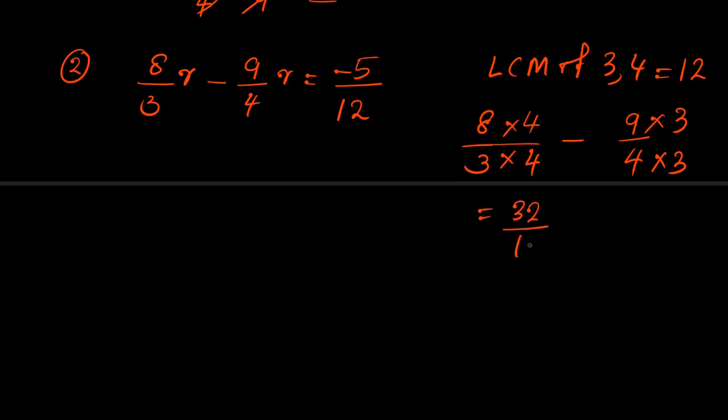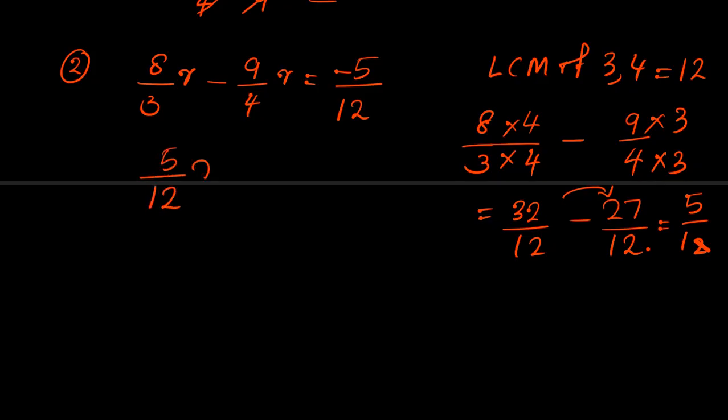32 over 12 minus 27 over 12. So now these are like fractions. Just subtract the numerators: 32 minus 27 is 5 over 12. So the left side changes to 5 over 12 r is equal to negative 5 over 12.